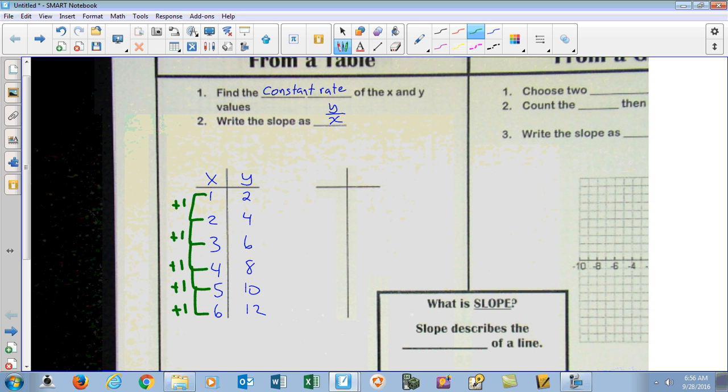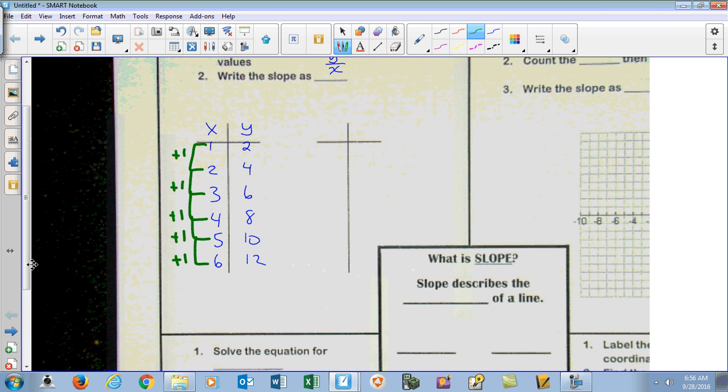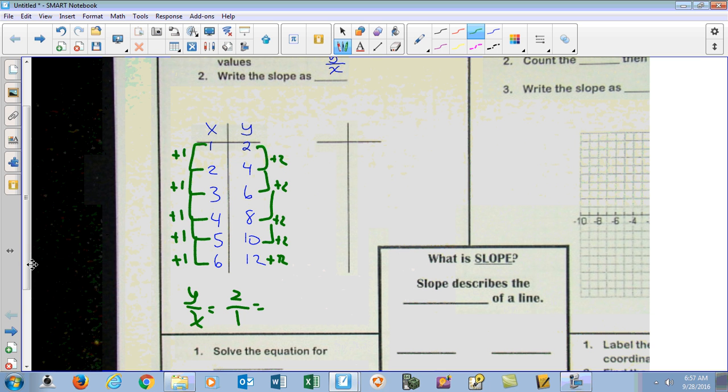So my y over x, my x is 1. And then I go down to my y's. My y's are every single time going by 2's. So my y is 2, which means 2 over 1 can be written as 2. My slope is 2.